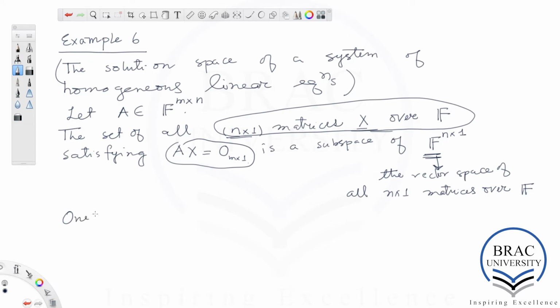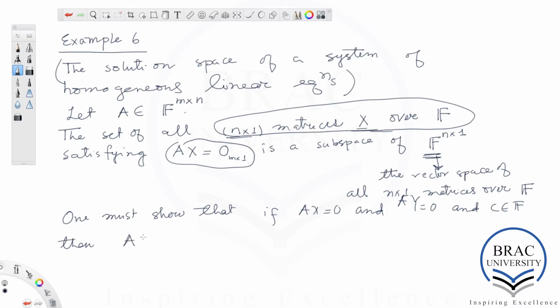One must show that if AX is equal to 0 and AY is equal to 0 and C is any scalar, then A acting on CX plus Y is also 0. This is what we need to show, right?